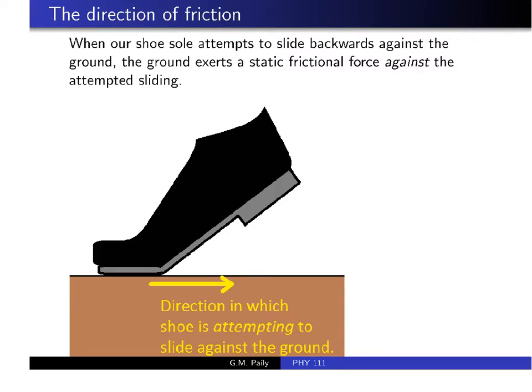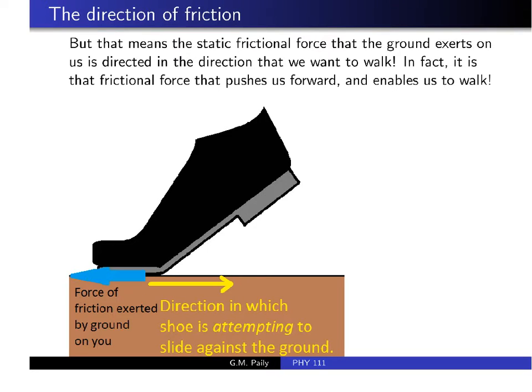And then our shoe, in moving backward, attempts to slide against the ground in the backward direction. And so the ground reacts to that attempted sliding by creating a frictional force acting on us in the forward direction.